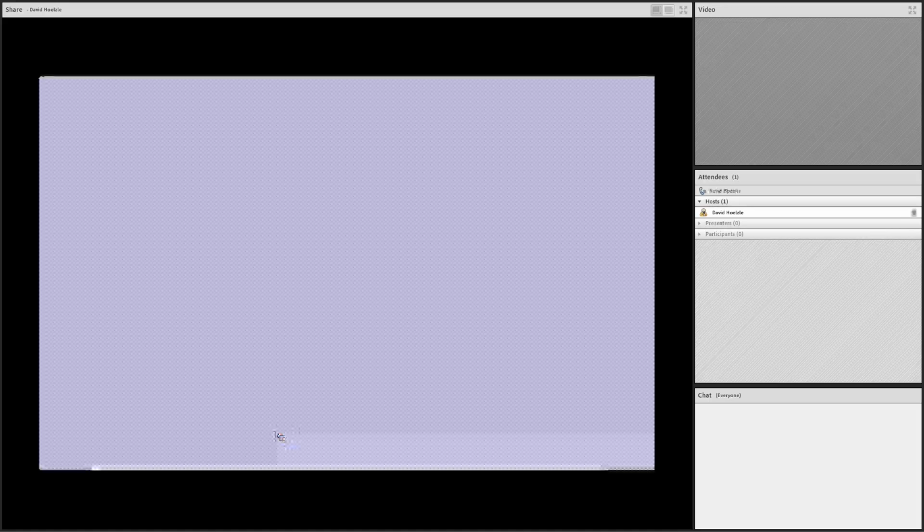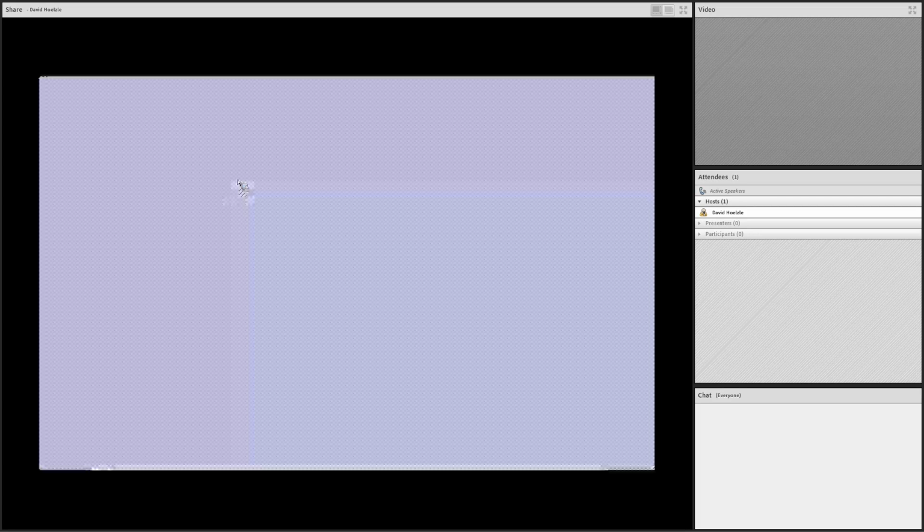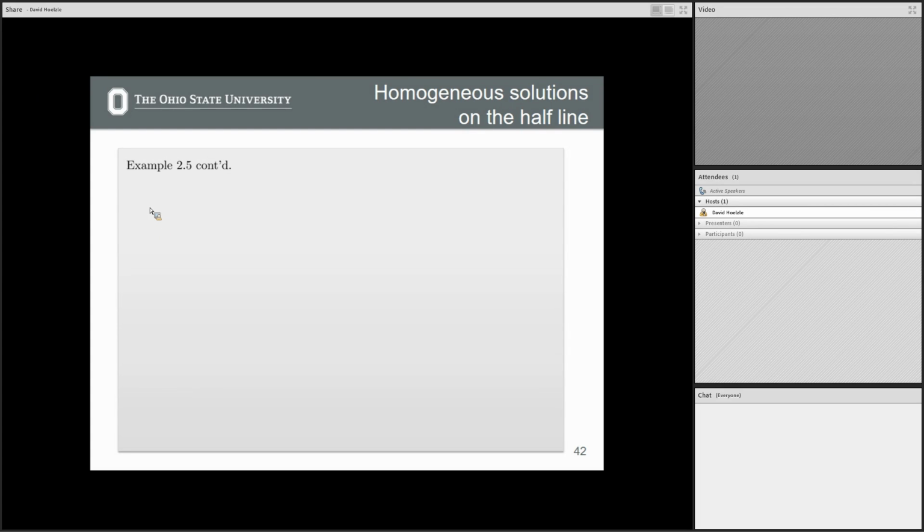Okay, and this simplifies our problem. Negative 1 over square root of pi. Sorry, I accidentally deleted all that.